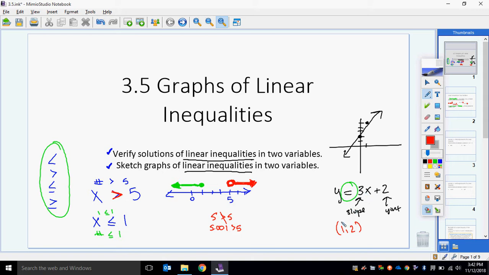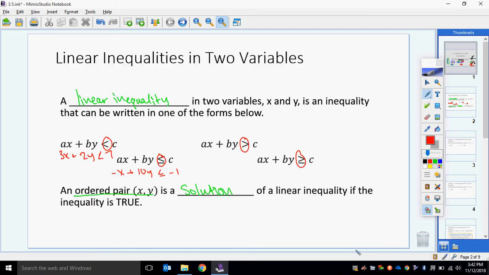And so you would plug in 1 for x and you'd plug in 2 for y, and you'd see if both sides were equal. So 3 plus 2, that side's 5 and this side is 2. No, it's not a solution. Okay, so if I have an inequality like this and I say, is 1 comma 2 a solution, you'd plug in 1 for x and 2 for y and see if it really is less than 7. If it's less than 7, we call it a solution.